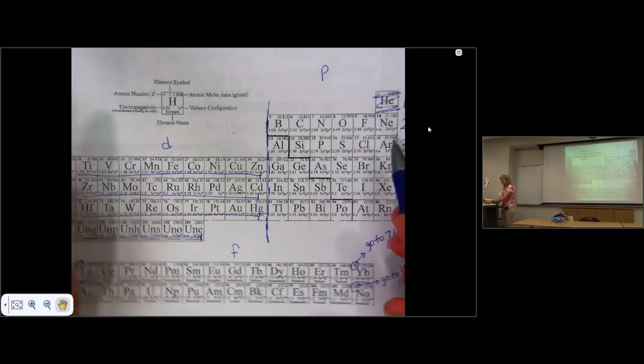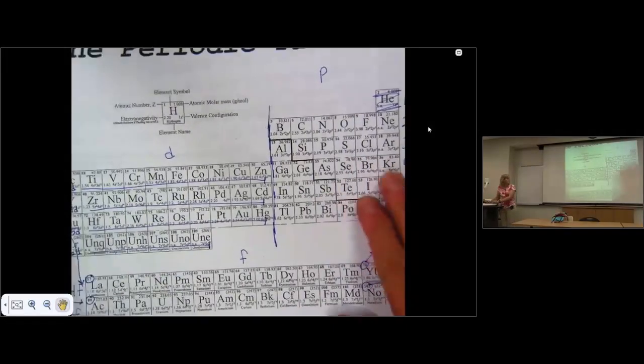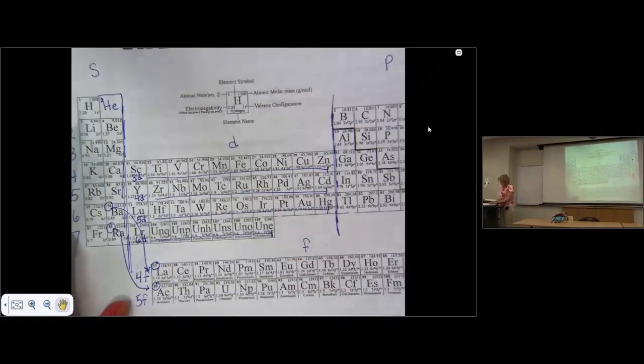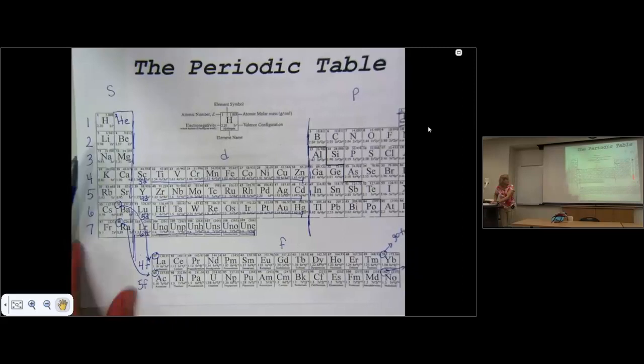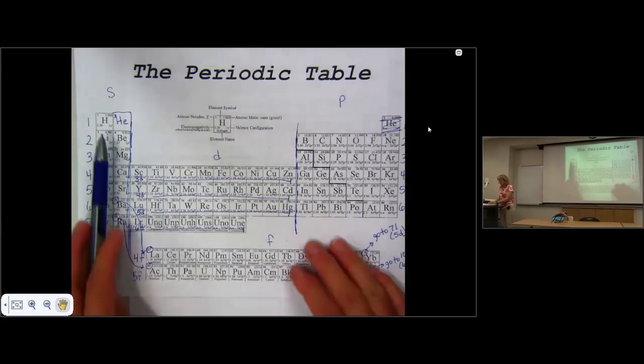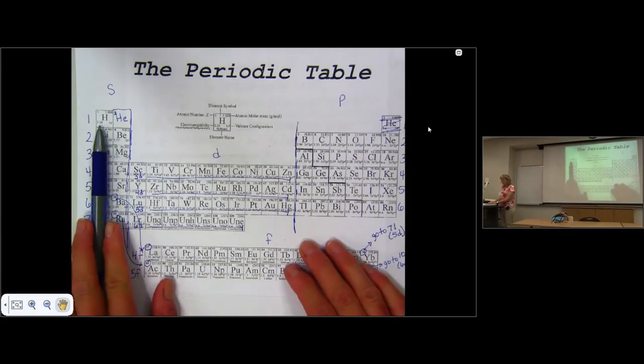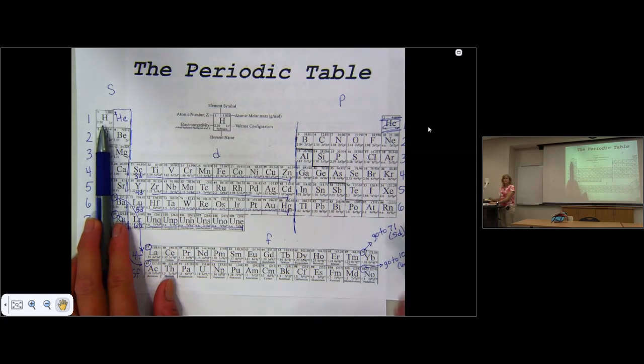So this whole column becomes an ion with what charge? +1. How do they become an ion with +1 charge? They lose 1 electron. Particularly, this electron is located in the S subshell, yes? All right, your question.